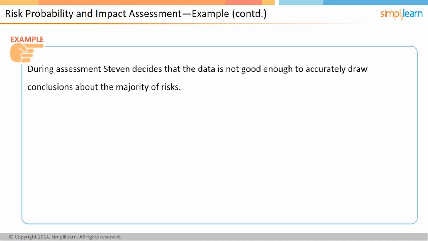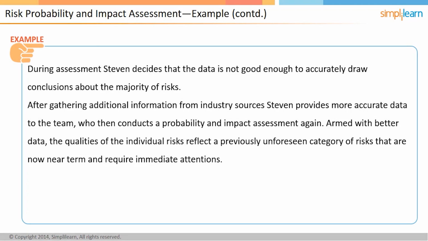During the assessment, Stephen decides that the data is not good enough to accurately draw conclusions about the majority of risks. After gathering additional information from industry sources, Stephen provides more accurate data to the team, who then conduct a probability and impact assessment again. Armed with better data, the qualities of the individual risks reflect a previously unforeseen category of risks that are now near-term and require immediate attention.